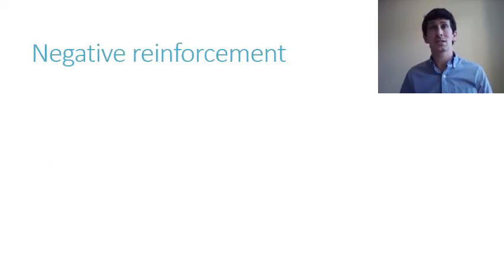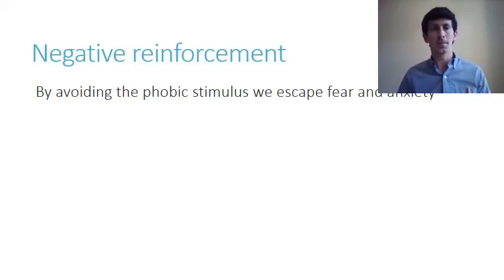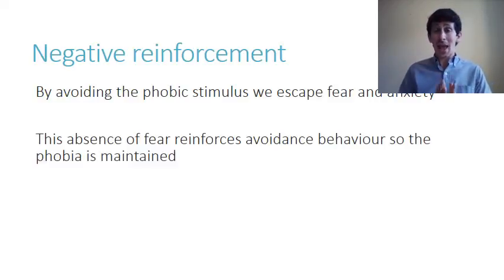So negative reinforcement can explain the maintenance of a phobia. By avoiding the phobic stimulus, so if we were afraid of spiders, we'd avoid seeing them, we escape that fear and anxiety that we would get if the spider was close to us. And the absence of that fear, by not being around a spider, by avoiding them, reinforces our avoidance behavior.